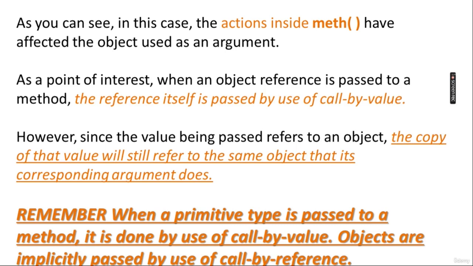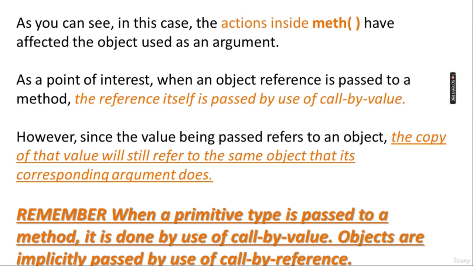Actions inside the method have affected the object used as an argument. As a point of interest, when an object reference is passed to a method, the reference itself is passed by use of call by value. Means when you are passing an object as a parameter, the reference of the object is passed.